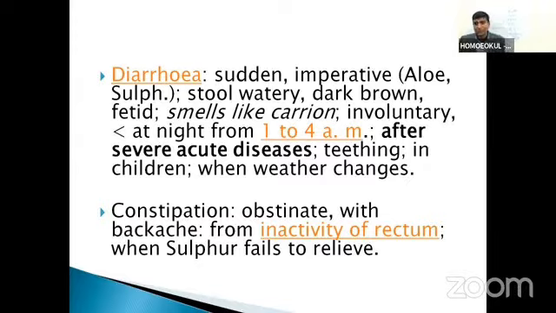Open chapter pulsatilla. Just see that the sentence started with diarrhea. Got it? And also open chapter chelidonium.